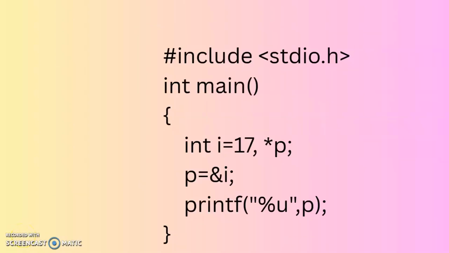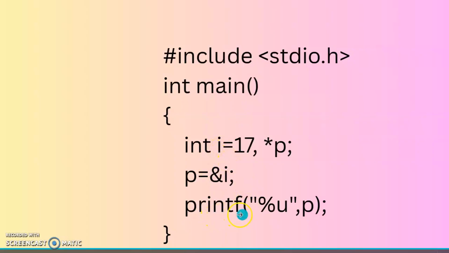Let us see how to print the address of some variable. In this statement, we have declared i is an integer variable with the value of 17 and p is a pointer variable to integer data type. So now p is pointing to address of i.